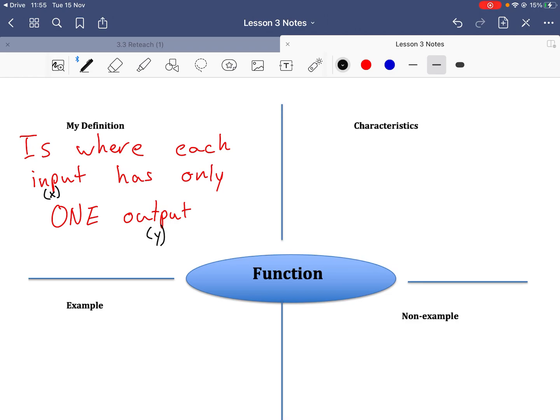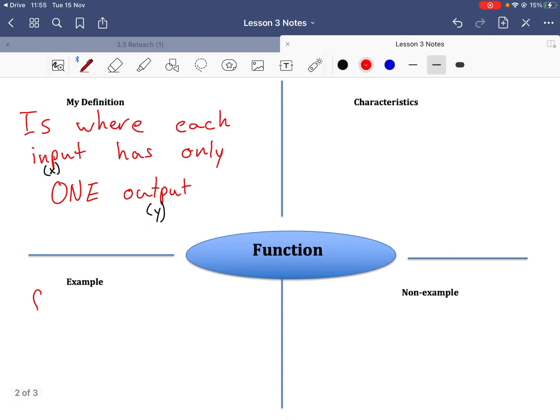We could see that if we had our set of (0, 1), (2, 4), and (3, 5).